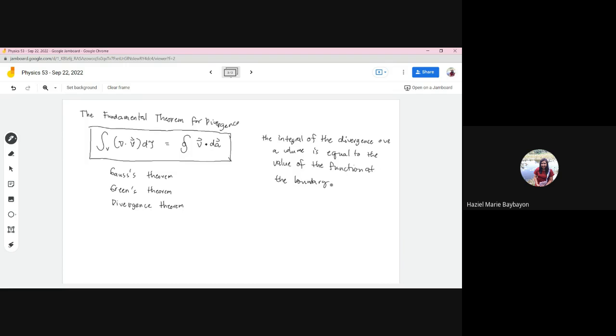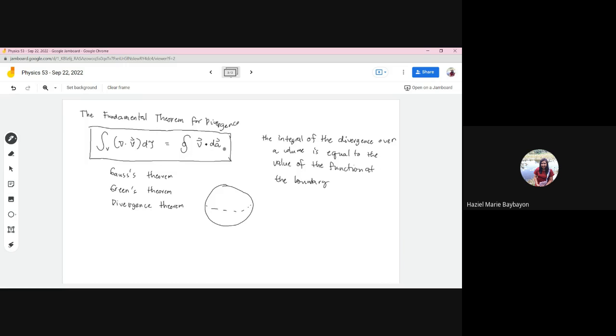Okay, so for example, you have a sphere. So I'm drawing the sphere, class, something like this. And you want to get the integral of the divergence of a vector function over this sphere. So instead of doing this, you can just use the right-hand side of your equation.